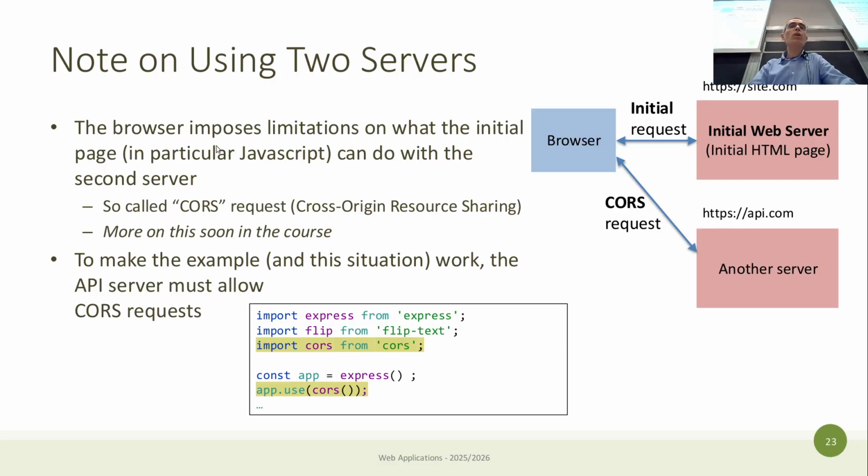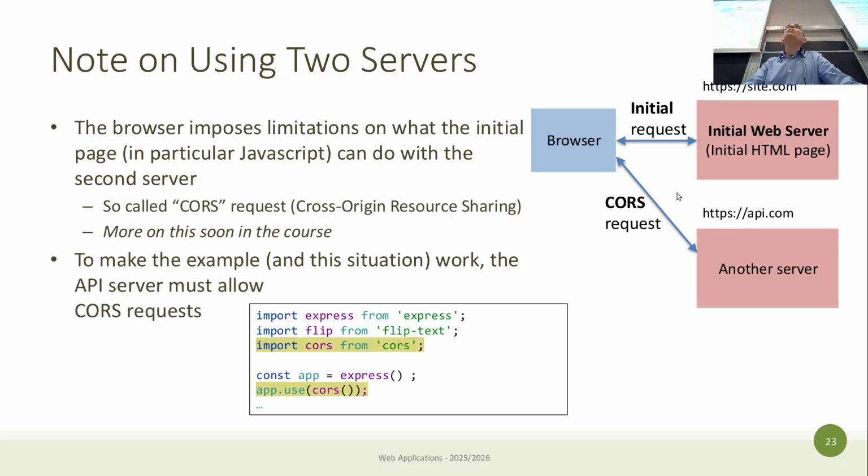But in short, the browser imposes a number of limitations on what the initial page, in particular the JavaScript inside that page, can do with the second server. The requests that you send to the second server are called CORS requests, which stands for cross origin resource sharing. So it goes to another server, in short, okay?